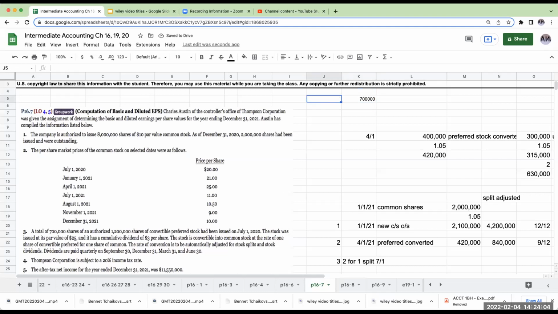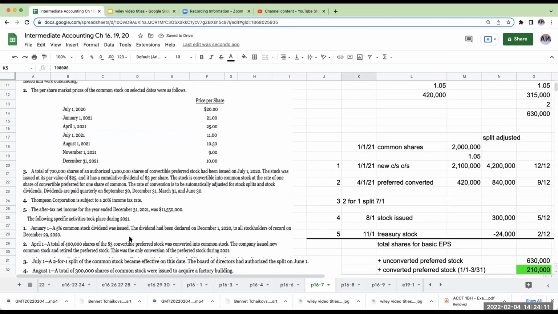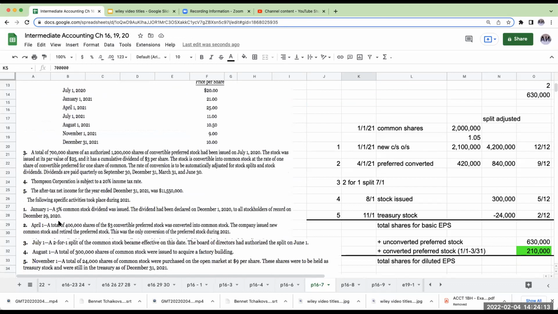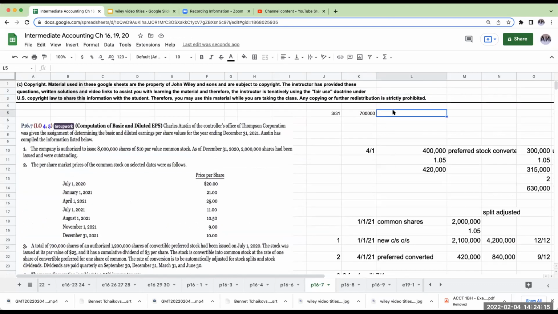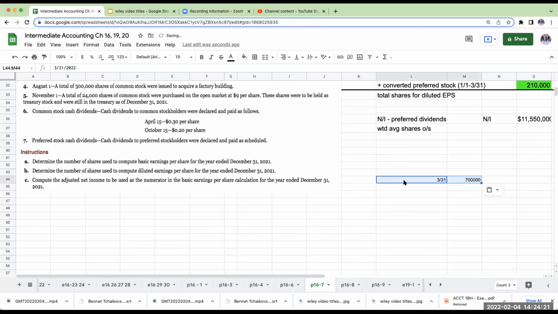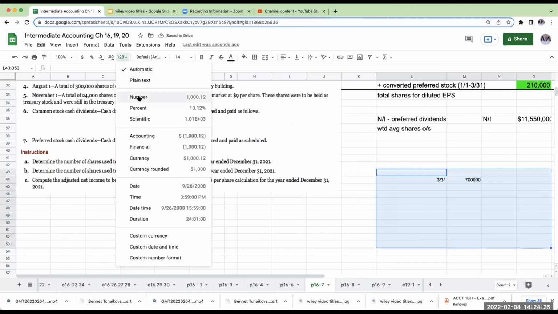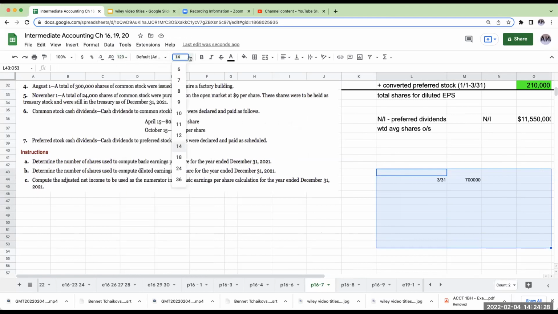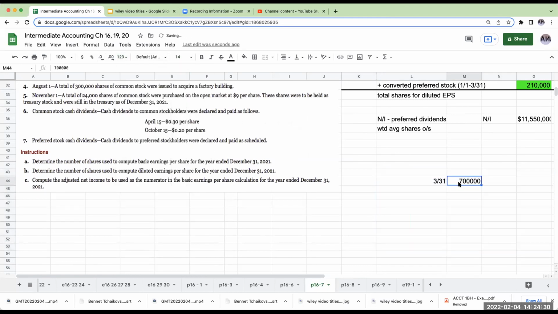So on the first date of the dividend, on March 31st, because remember the preferred shares were not converted until April 1st, they were all still outstanding. So over here for my preferred dividends, I have 700,000 shares outstanding.